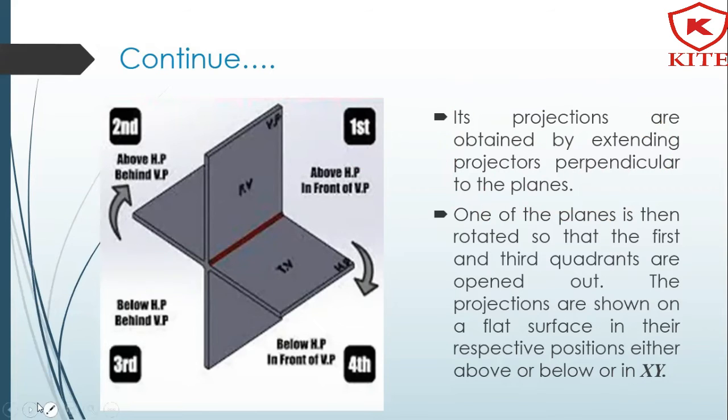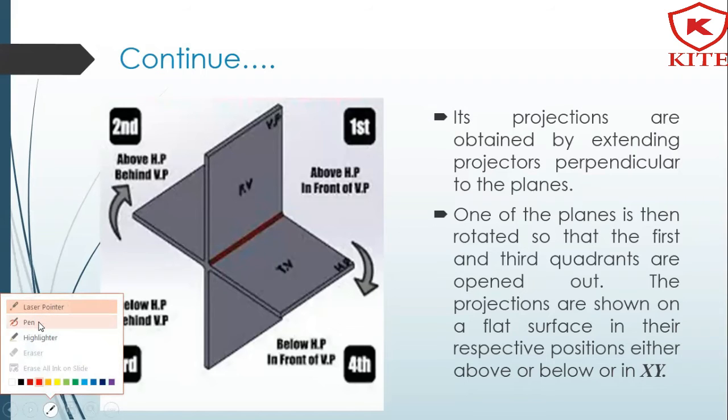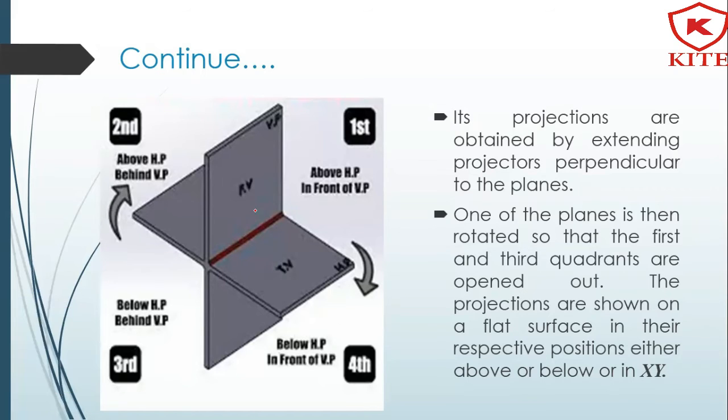If there is a point in quadrant 1 and you want to find its projection on the horizontal as well as the vertical plane, then you have to rotate one of the planes.